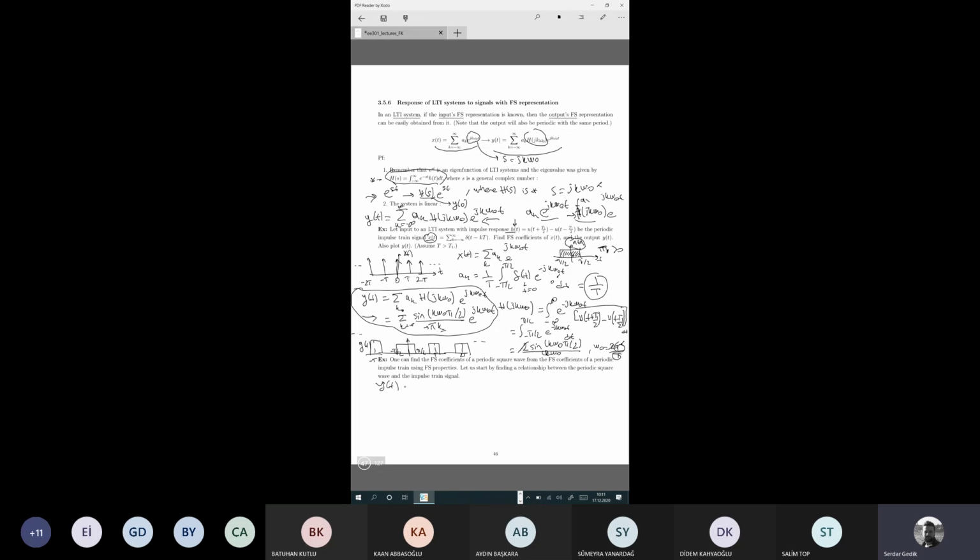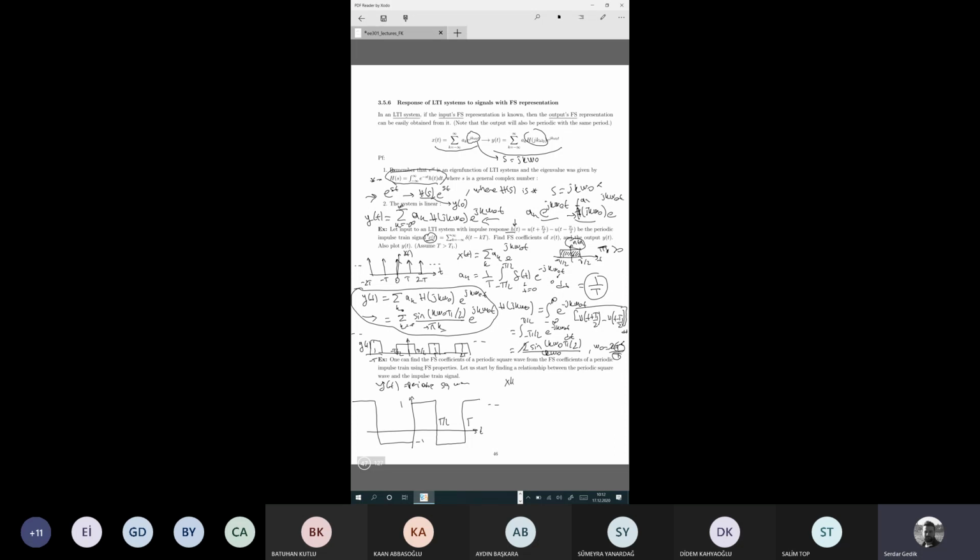This is my periodic square wave. It is simply this. It is going to infinity, T over 2 here, T here. So it is 1, this is minus 1. So this is my periodic waveform.